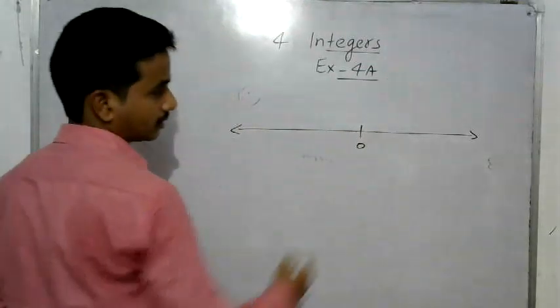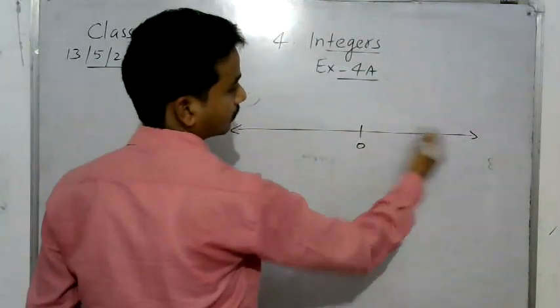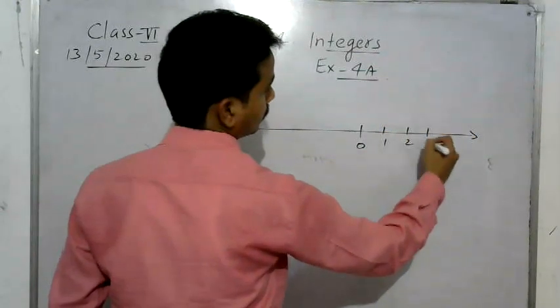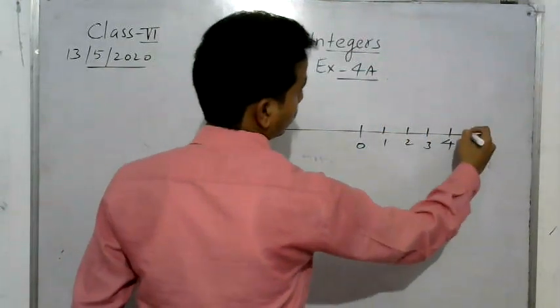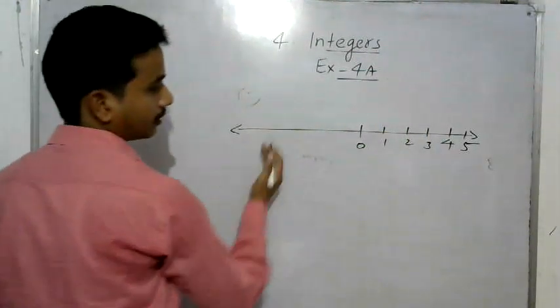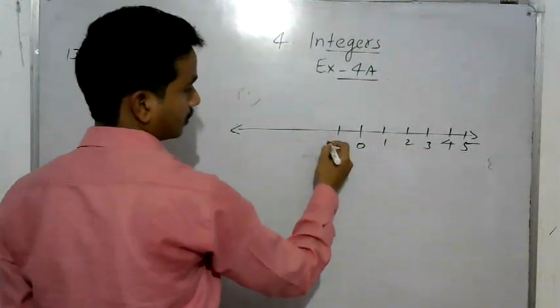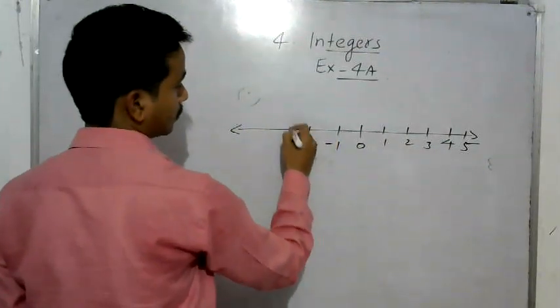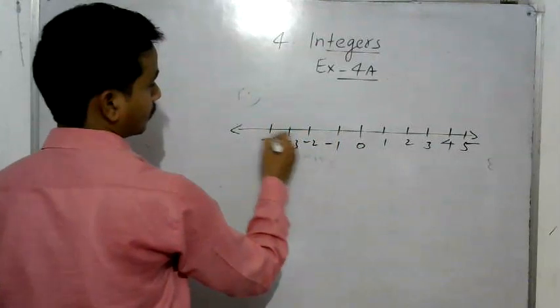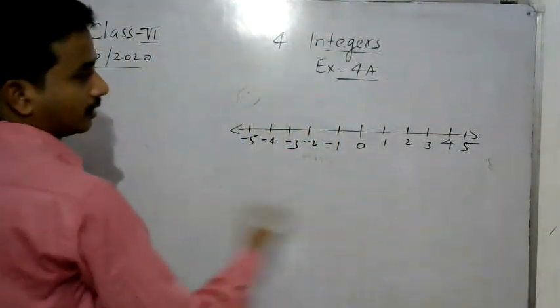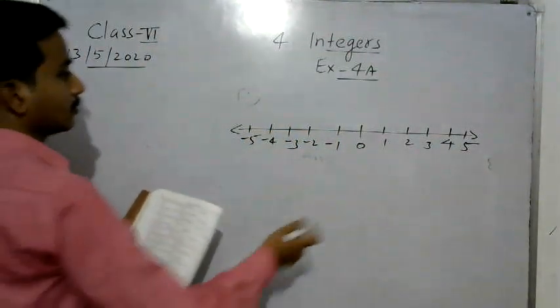In the center there is 0, and on the right part of 0 there are 1, 2, 3, 4, 5, the positive numbers, and on the left part of 0 there are negative numbers, minus 1, minus 2, minus 3, minus 4, and minus 5. In this way.